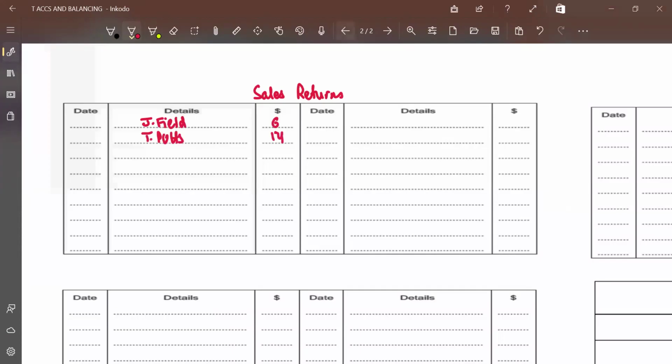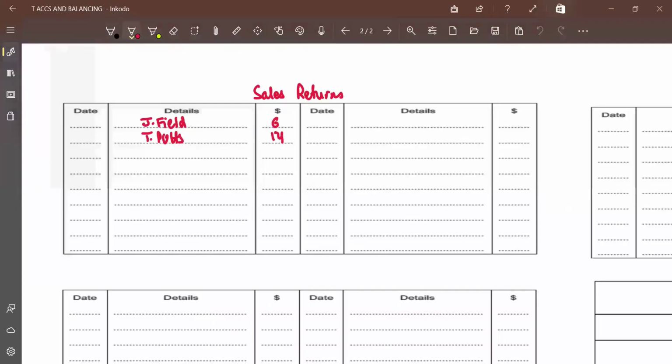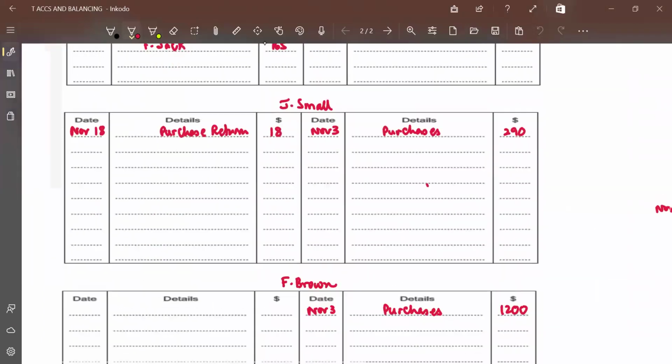And this was on what date? The date is the 20th of November, right? November 20th. You don't have to write down the date again and again. Now, do you have a T account prepared for J Field and Teapots already? Yes, I guess. So we'll go to the T account for J Field. Let's see.